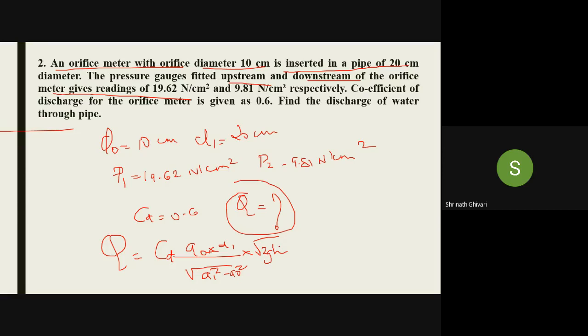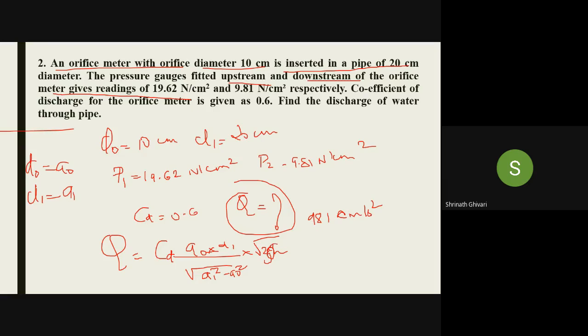It is a bit different from the previous problem, but the procedure is same. A1 we have, A naught we have, because if we have D naught, we can calculate A naught, and D1 gives A1, because area is pi by 4 D square. Then we have G, that is 981 centimeters per second square.